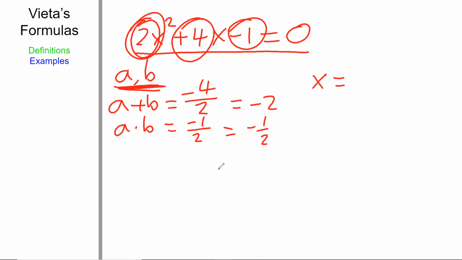a and b are negative b, which is negative 4, plus or minus the square root of 4 squared minus 4ac, which is the same as plus 4 times 2, all over 4.